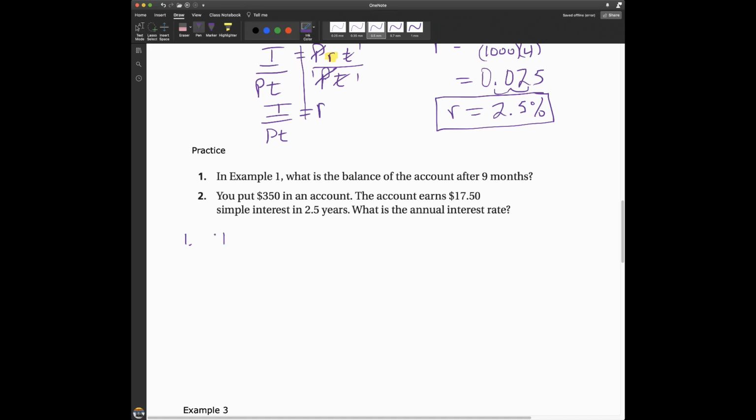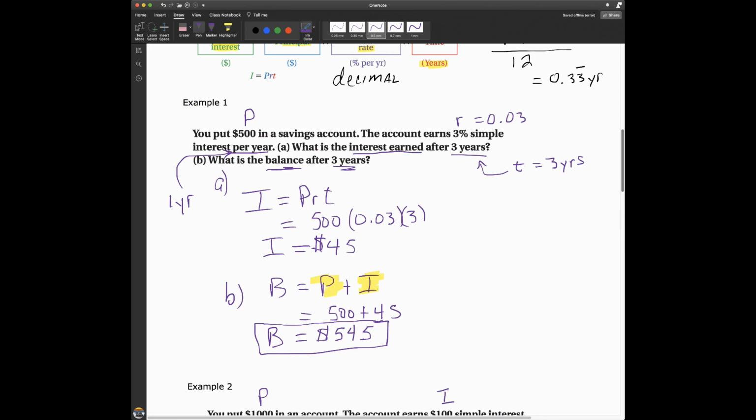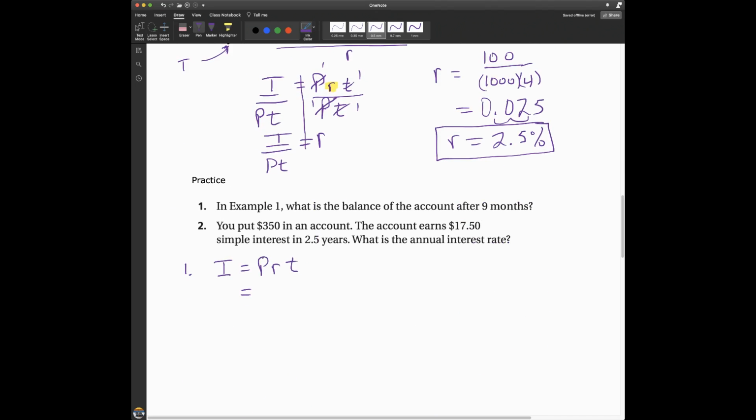Okay, so let's calculate that. The interest equals the principal times the interest rate times the time. And for example one, what was our principal? It was $500. Our interest rate was 3%. So we have 500 times 3%.